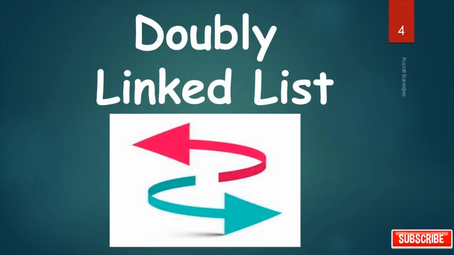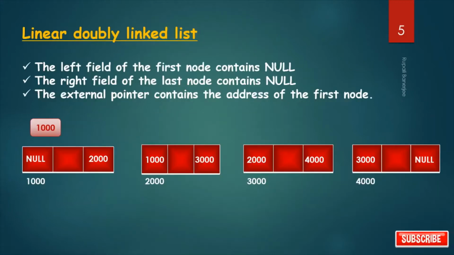In our previous video, we already learned what is doubly linked list. Doubly linked list is a type of linked list in which each node, apart from storing its data, has two links. The first link points to the previous node in the list and the second link points to the next node in the list. The left field of the first node contains null and the right field of the last node contains null.